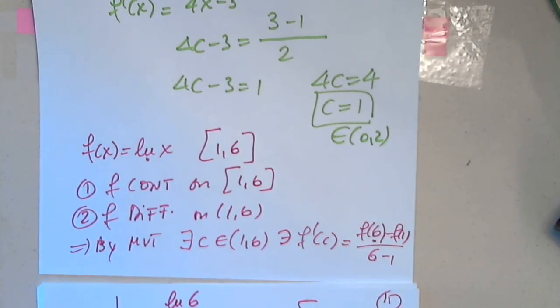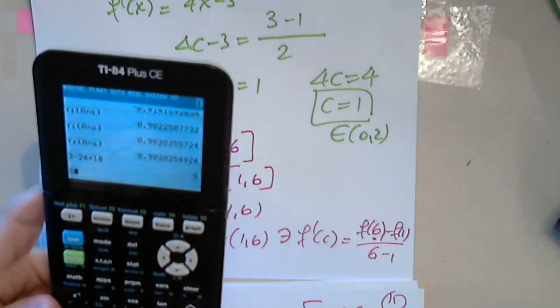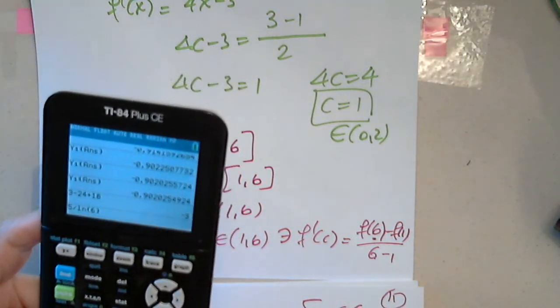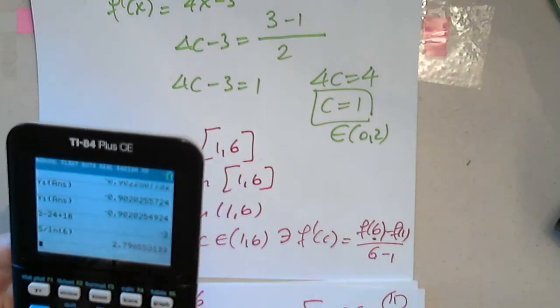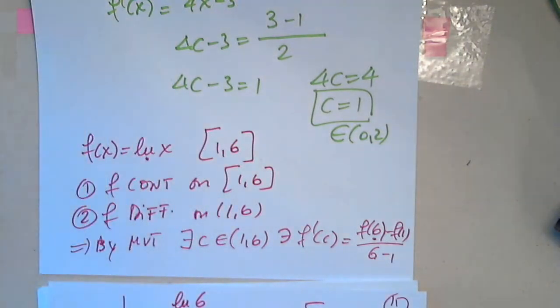It has to be in the interval 1, 6, but just to make sure I didn't make an error, I'm going to double check. 5 divided by natural log 6 is 2.79, which is in the interval 1, 6.